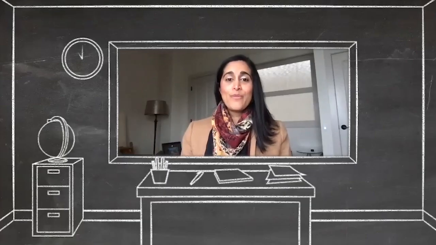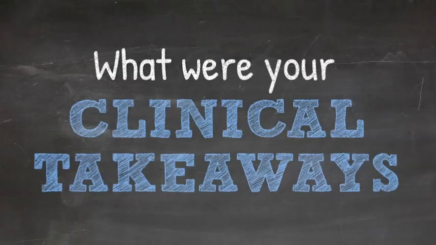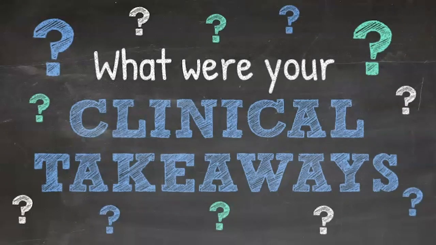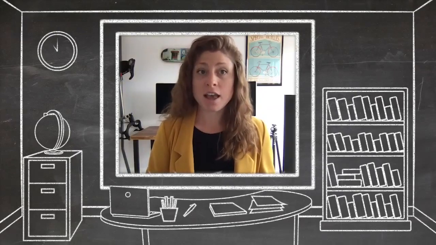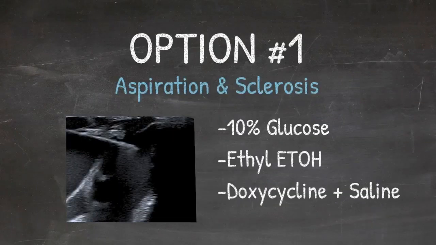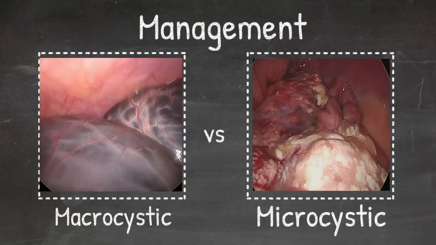Now that you've worked through mesenteric and omental cysts with us, what would you say are the key clinical takeaways for you? The most important things to know about mesenteric or omental cysts are that they're fairly rare, they often present with symptoms, they can be managed in a multidisciplinary fashion with interventional radiology or operative management depending on the nature of the cyst, whether it's macro or microcystic and where it's located.